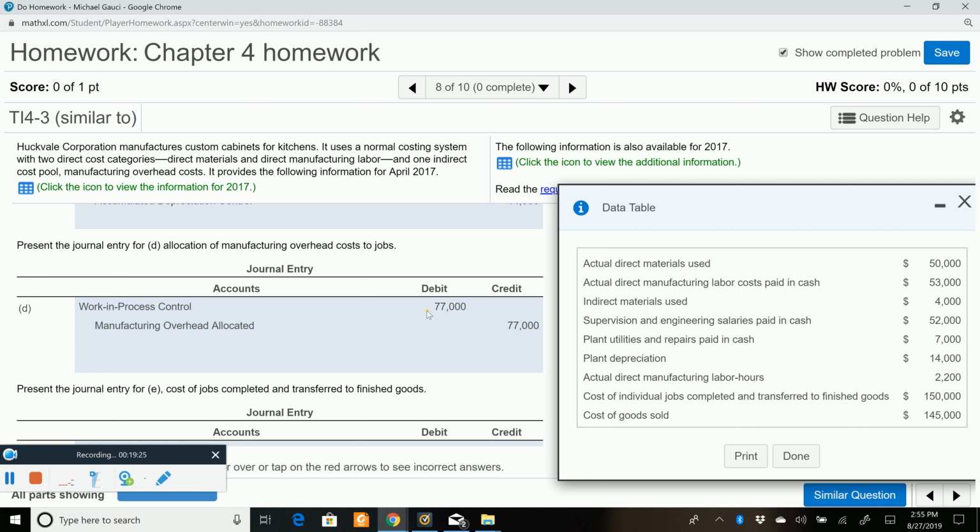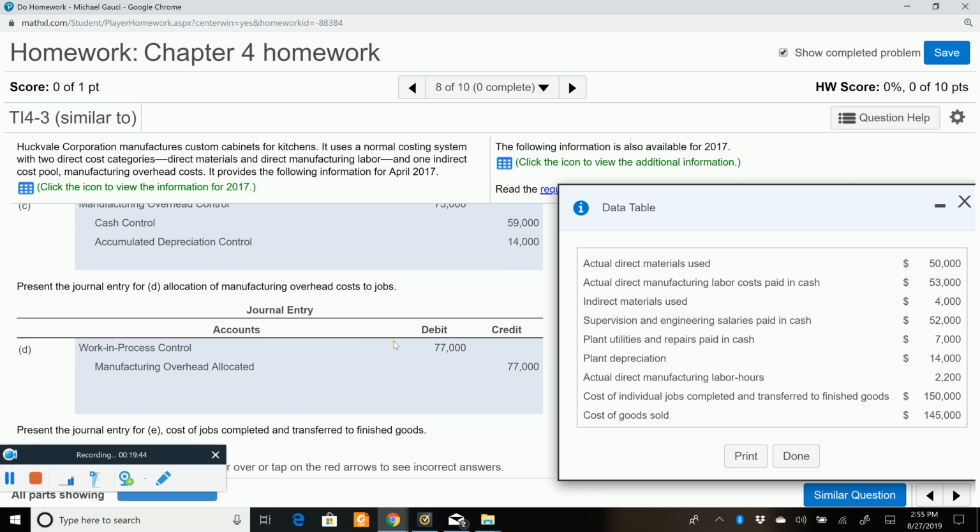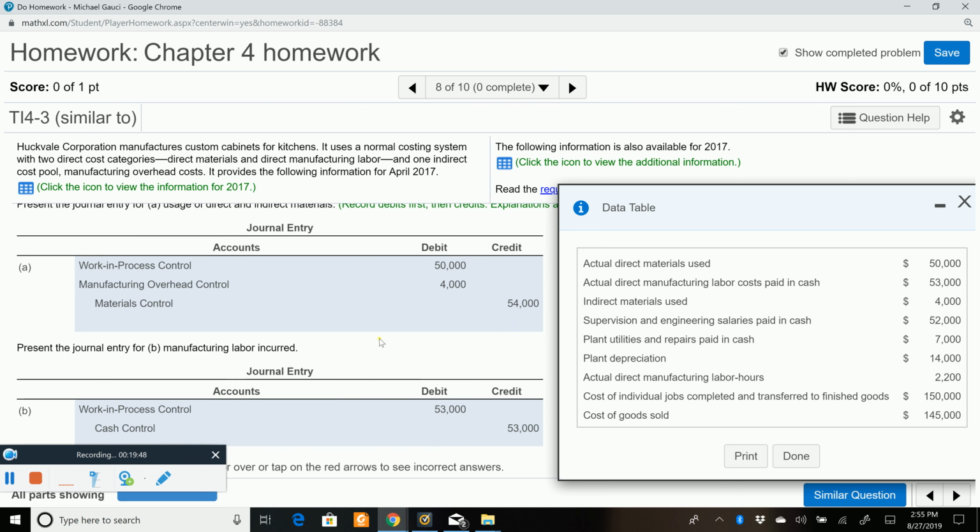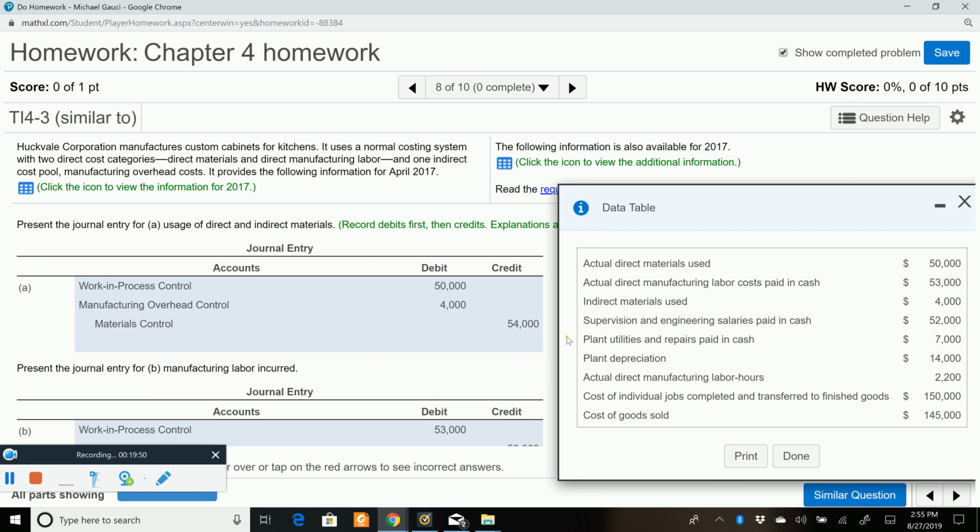And so we're seeing that we're going to do it $77,000. How do we get $77,000? Well, once again, we're going to come up with our allocation rate, and we're going to base our allocation rate on the budgeted materials here.